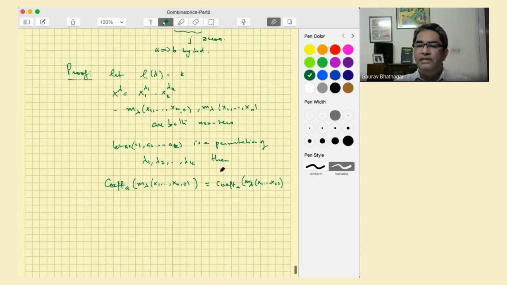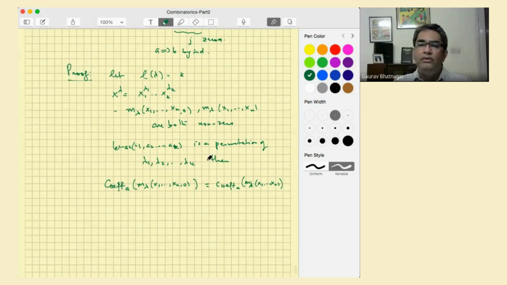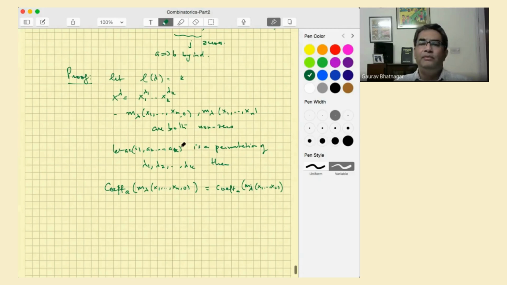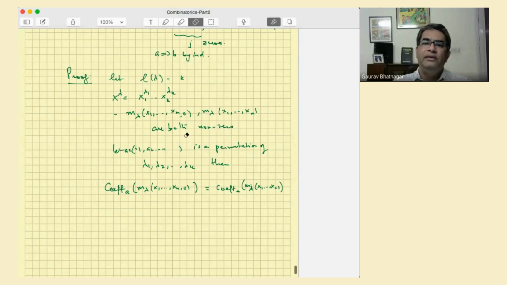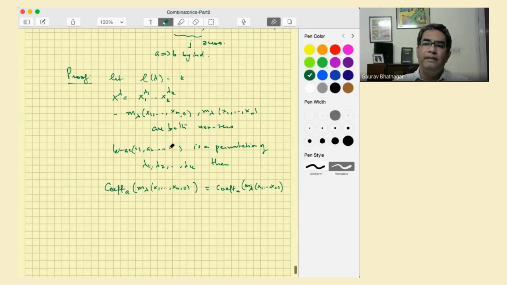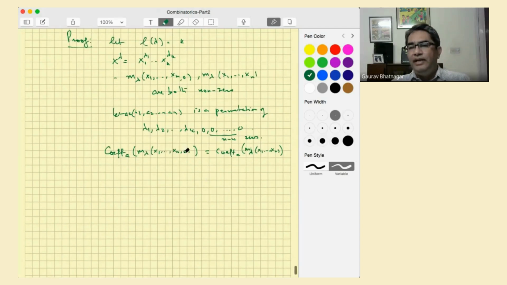So what we are saying is that we are putting all the rest as zero. I think I know what they want to say. So they put a permutation of, putting n minus k zeros, and then you take the coefficient of this and put the last one, whatever, it will still give you the same permutation.